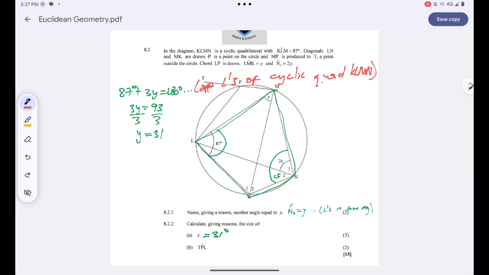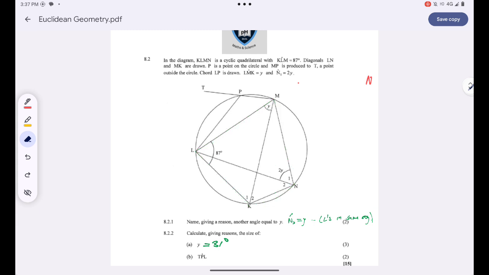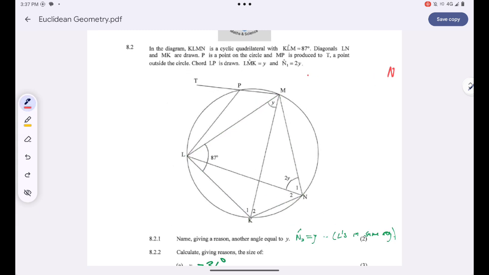Okay, then now they want us to find the size of angle TPL. Let me erase there so that you can see this properly. This is the size of angle TPL, and that angle over there is an exterior angle of this cyclic quad. Are we together?